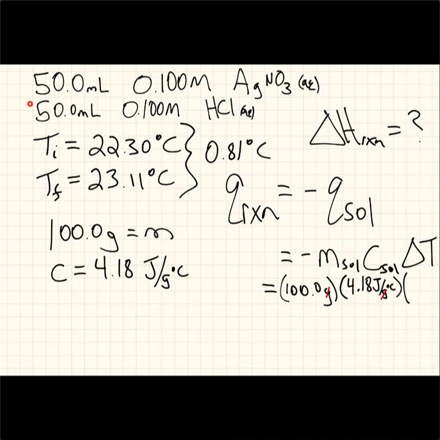Because if we look at all of our data, this is a calculated piece of data. But if I look at this and this and this and this and everything, they've all got 3 or more significant figures. So when I dump all my numbers down in my math and work it out, it's tempting to just use 3 significant figures at the end of the day.